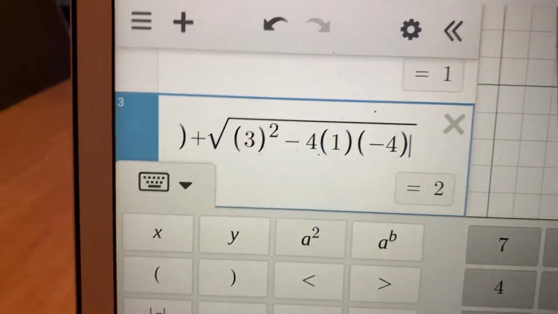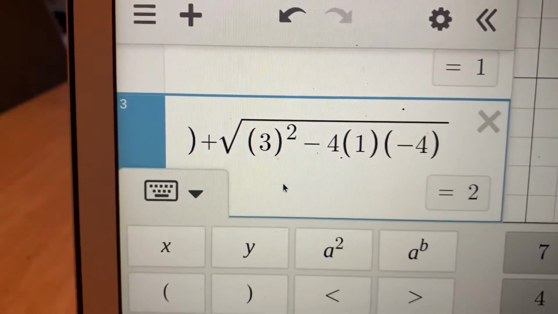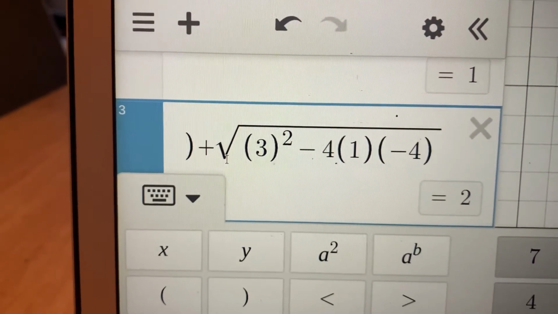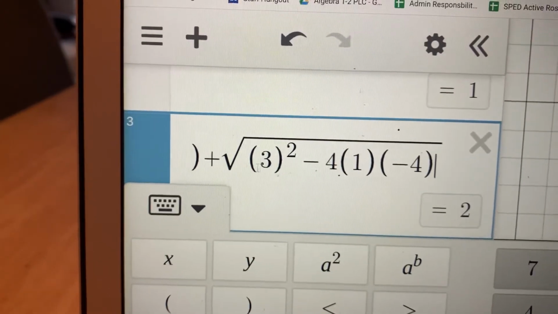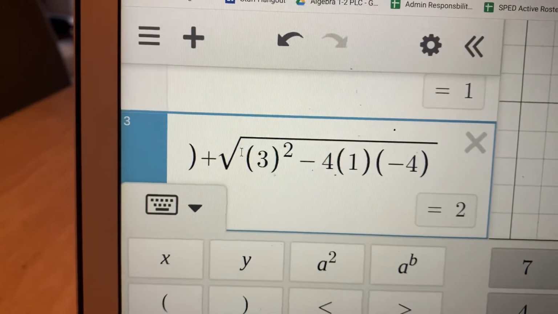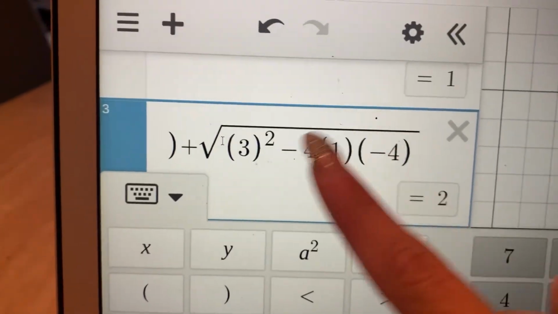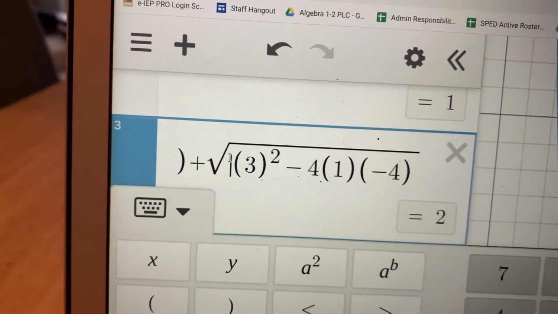Okay, so we have the top part, but we need to do a couple things before we can enter it and get an answer. First we need to put a parentheses around everything that is in the square root, so they know that whole part is getting the square root.